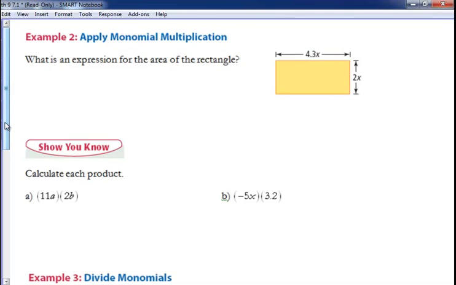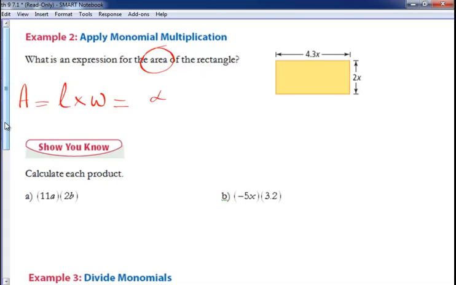Now, this one here, example number 2, applying monomial multiplication. What is an expression for the area of the rectangle? Rectangles are really easy to work out with area, aren't they? What is it? It's simply going to be the product of length times width. So what have we got?